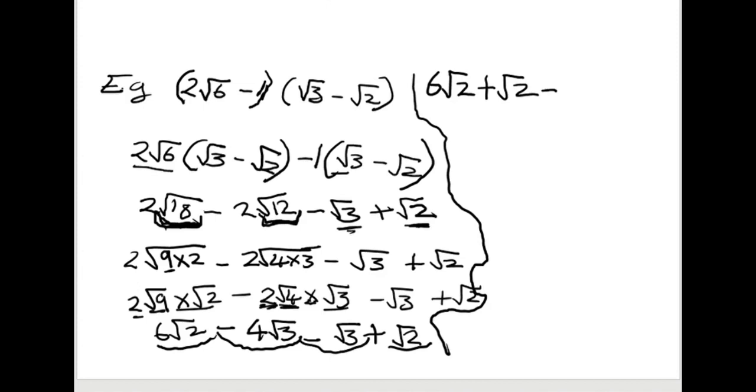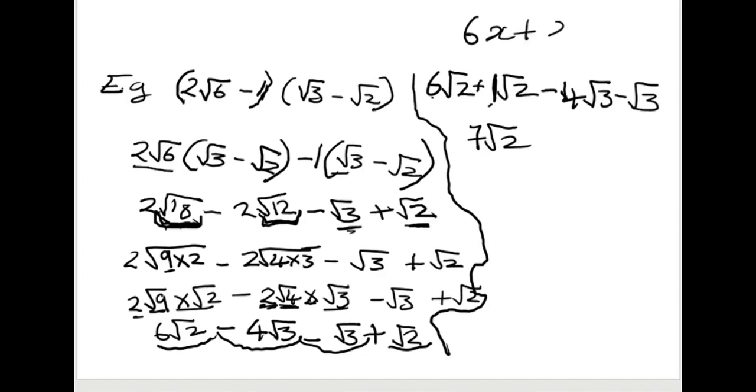They are having the same radicals. Remember, what's in front of this radical is 1. So 6 plus 1 is 7. It's just like saying 6x plus x is 7x. That's just a simple operation.